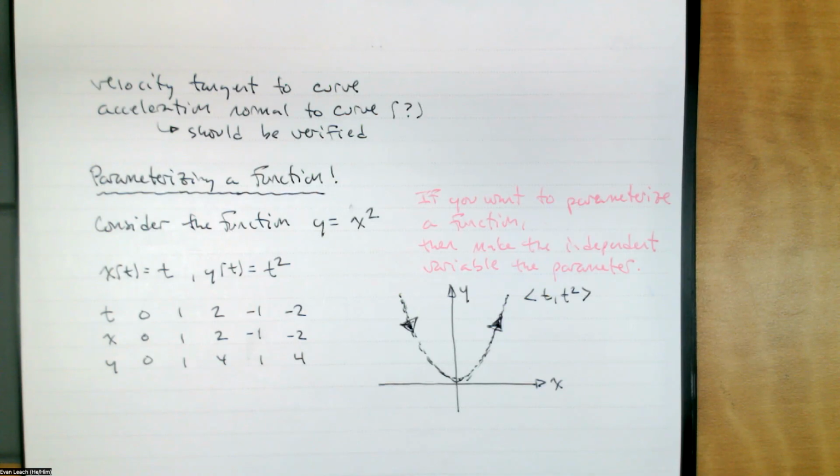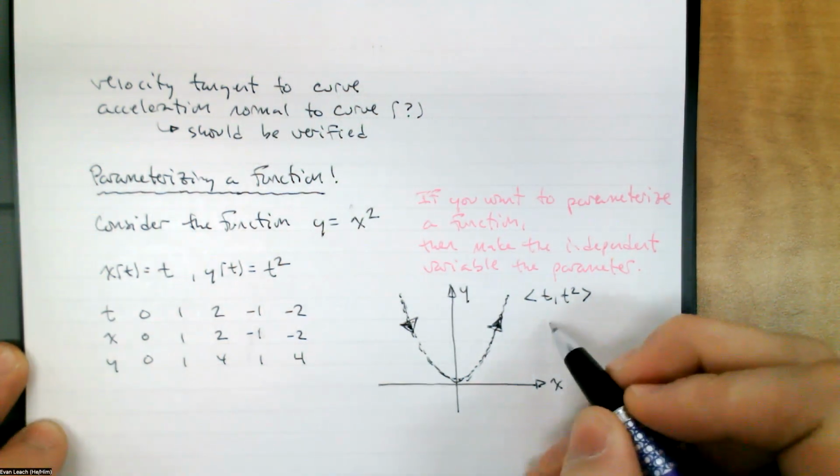So we can parameterize the curve, and this does more for us. This gives us a direction on our parabola. Now, if we want the parabola to go the other direction, the thing that we want to note here is that the parabola has direction.